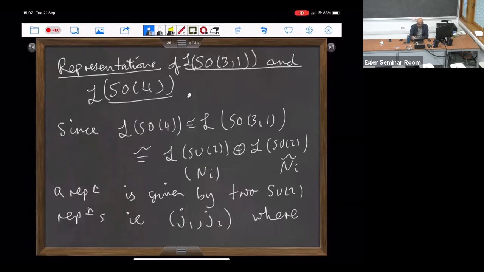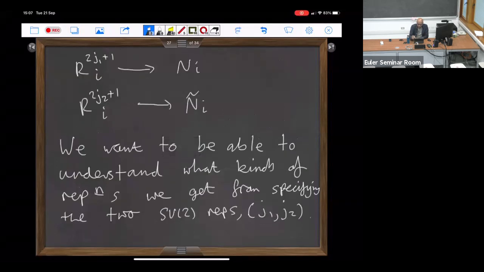J1 stands for the 2J1 plus 1 dimensional representation of the first SU2, and J2 denotes the 2J2 plus 1 dimensional representation of the second SU2.